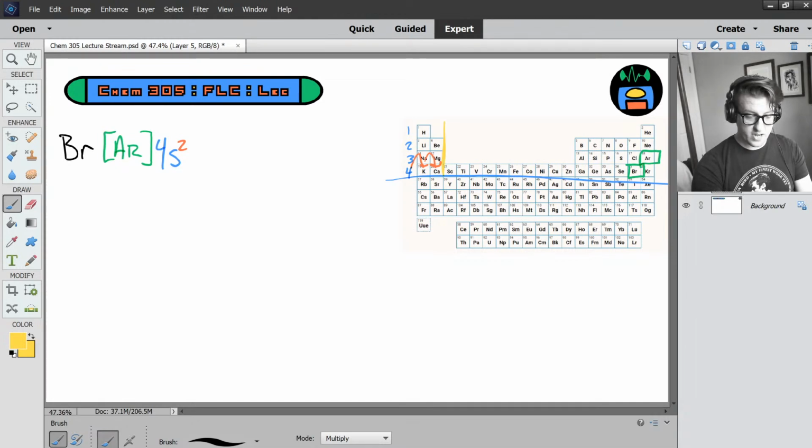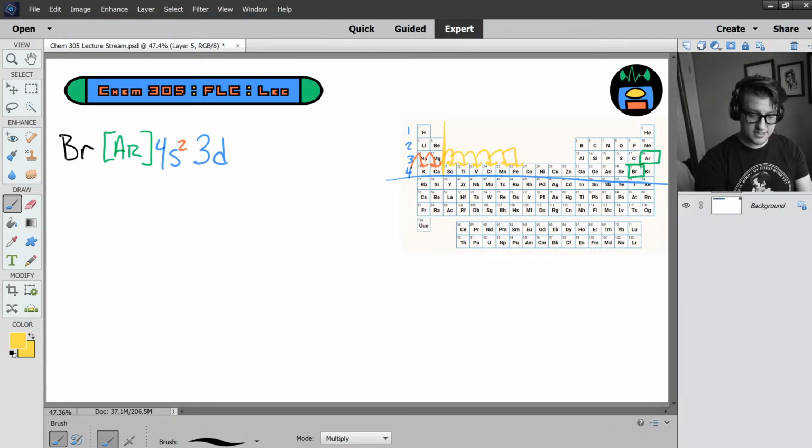To get to bromine, though, we've got to cross over into the D block. So this will be 3D, because we got to drop our energy level by 1. 3D 1, 2, 3, 4, 5, 6, 7, 8, 9, and 10. A full D subshell.